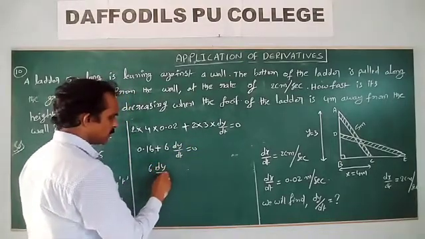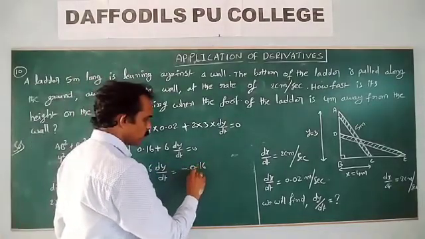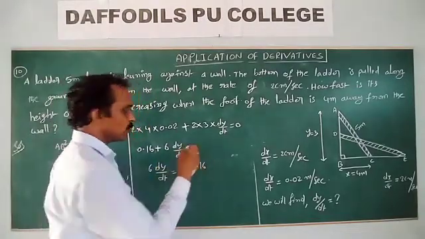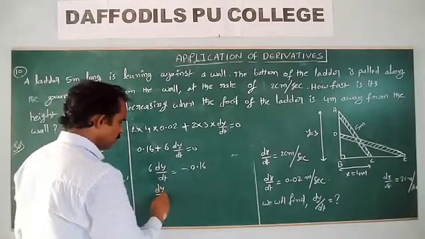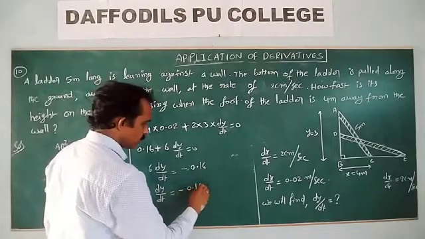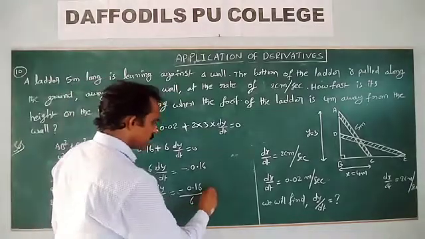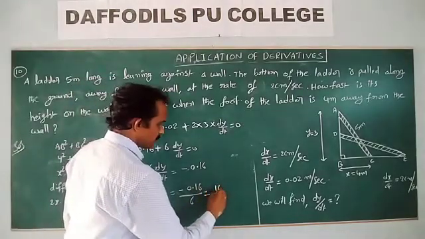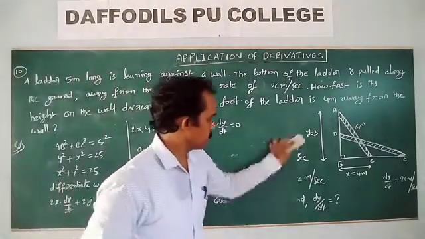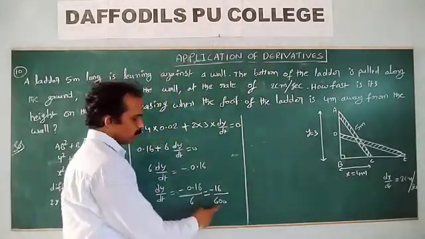So 6 into dy by dt is equal to minus 0.16. dy by dt is equal to minus 0.16 divided by 6. Convert this into a rational number, that implies minus 16 divided by 600. How many times will it cancel? 8 table possible?